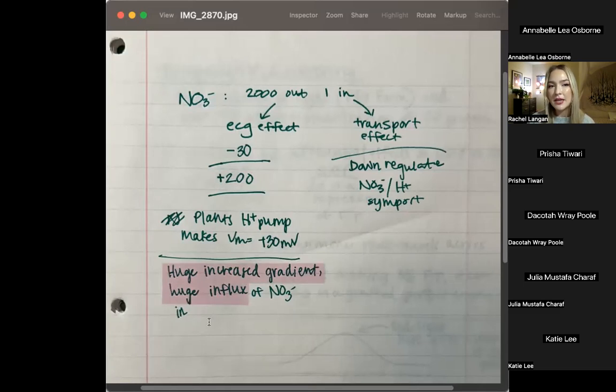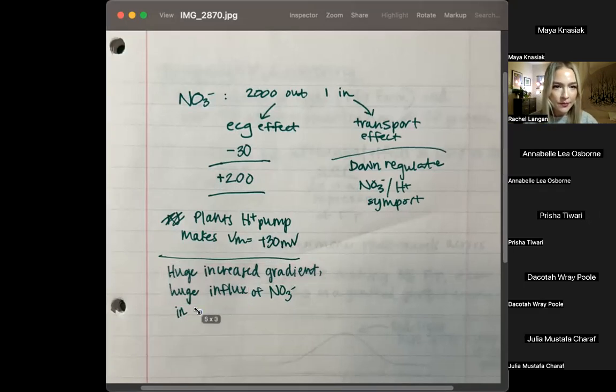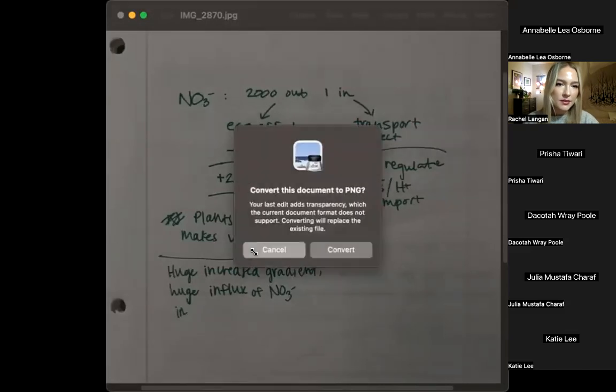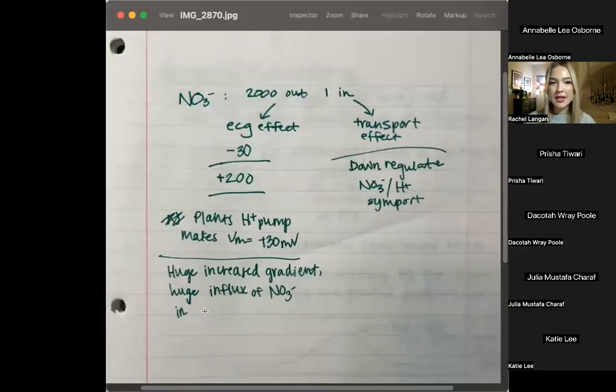So there's just going to be a much larger driving force on nitrate to leave under these conditions. So what would the real effect be? Ignore what I wrote here. The real effect would be that if there's a huge driving force on nitrate to leave, we might need more energy to actually pump nitrate in. So it would require more hydrogen pumping.